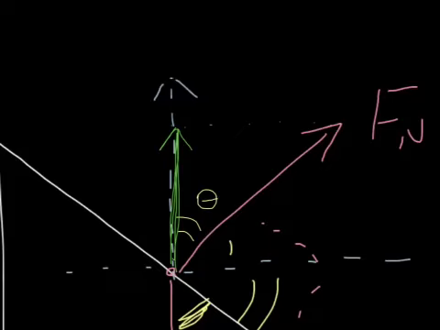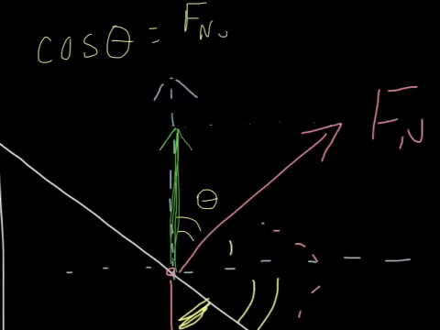So you remember, of course, that the cosine of an angle, remembering SOHCAHTOA, is the adjacent side over the hypotenuse. So in this case, our adjacent side is Fn in the y direction over Fn. Okay. So that means that Fn in the y direction is also equal to Fn cos theta.